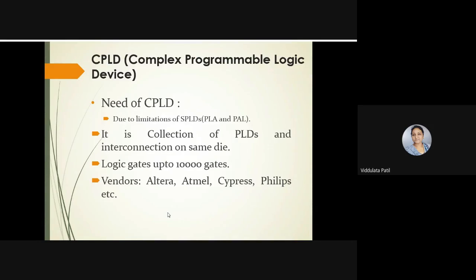There are more than 1,000 gates available in a single CPLD, and the vendors, that means manufacturers of CPLDs, are Altera, Atmel, Cypress, Philips, and Xilinx. These are some of the vendors for CPLD.